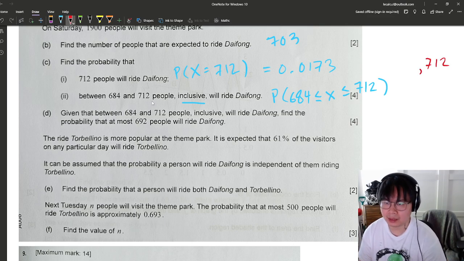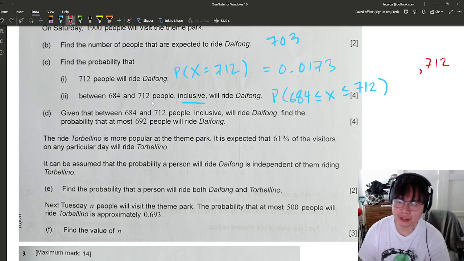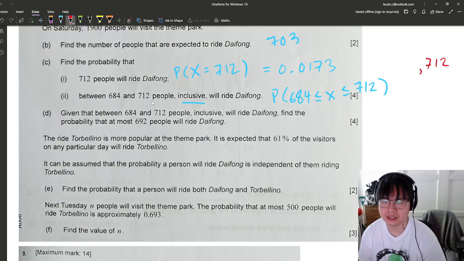And then we need to find the probability of 684 until 712. So we are going to add that to the probability of 711, 710, and so on, all the way until 684.